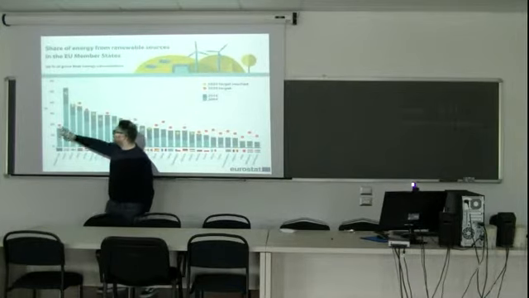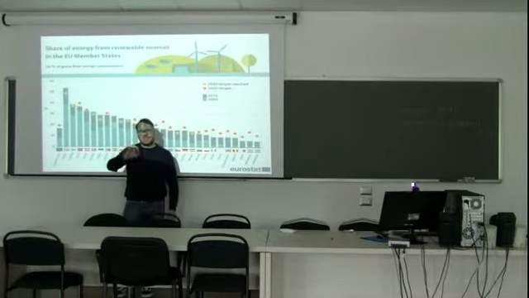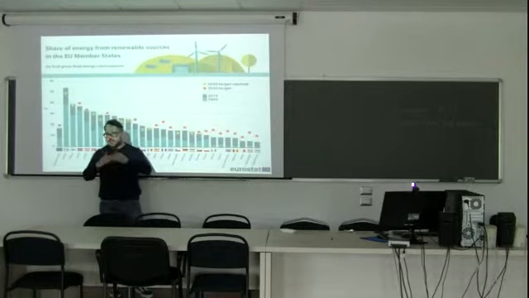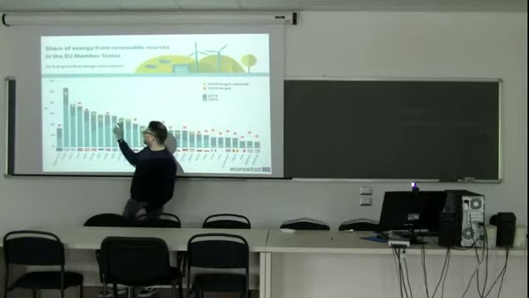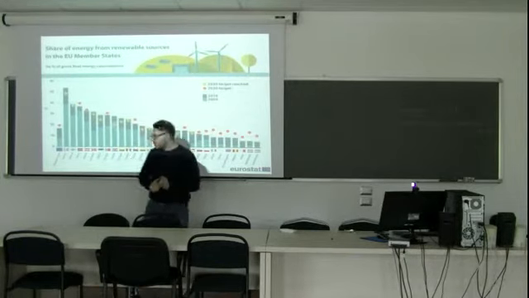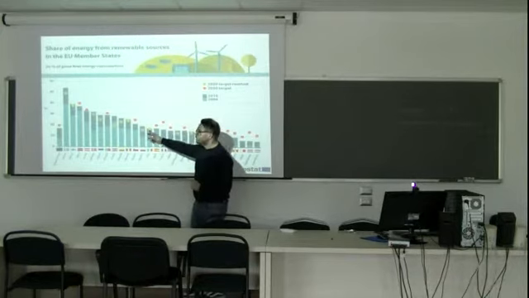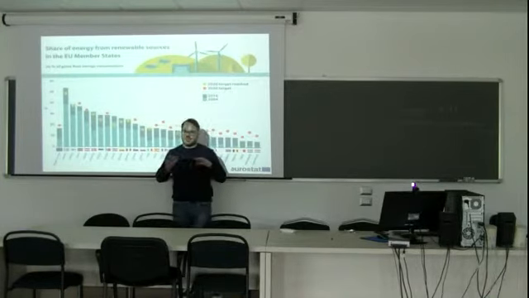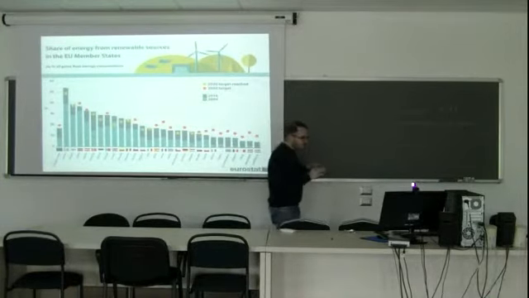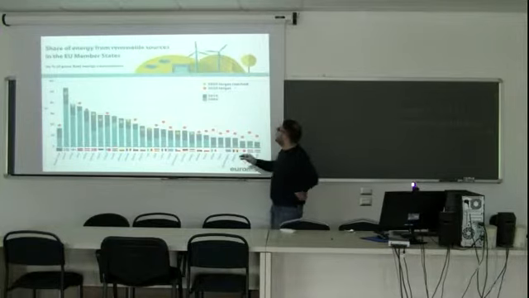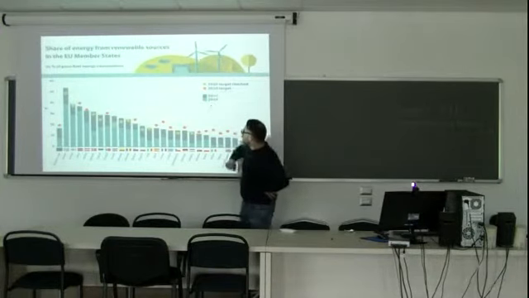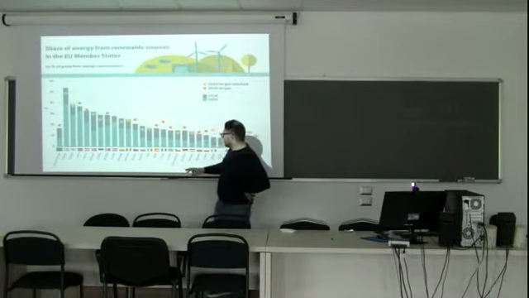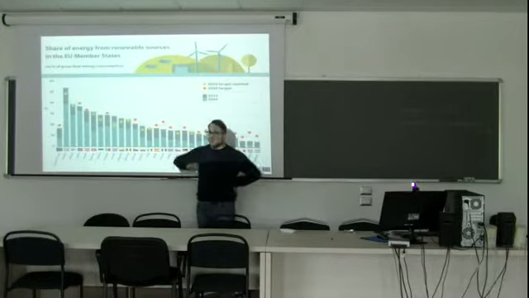You can see the red points if the goal was not reached, the green ones if the goal was reached. For example, in Italy, our goal was 17% of energy to be produced by renewable energy. In 2016, Italy reached our goal.